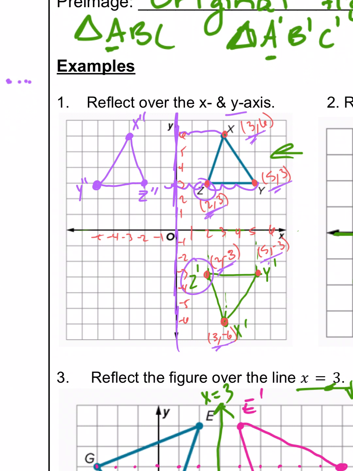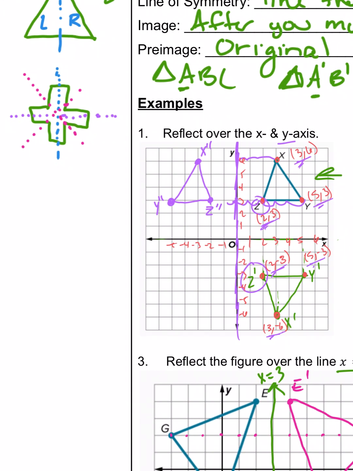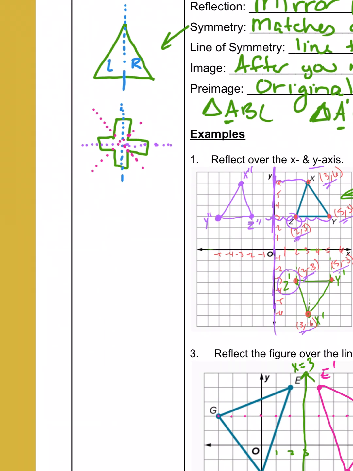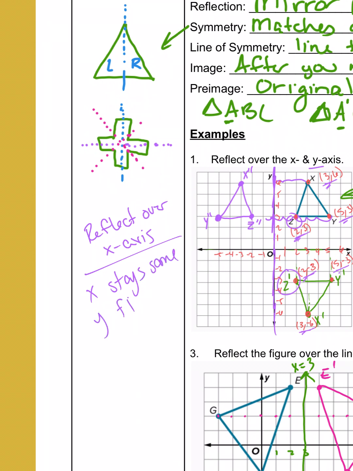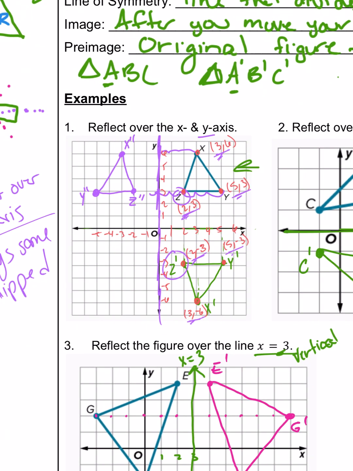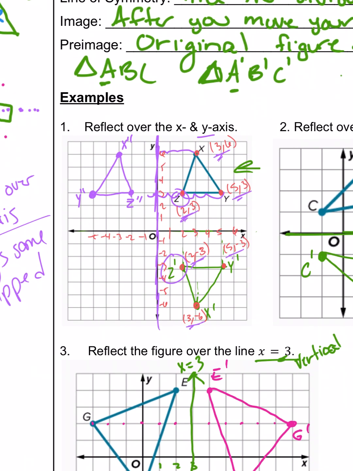What's changing is the y value. That's reflecting over the x-axis. So when we reflect over the x-axis, our x stays the same, and our y just flipped. It was positive, it changed to negative.